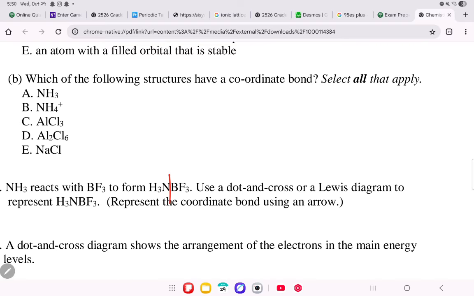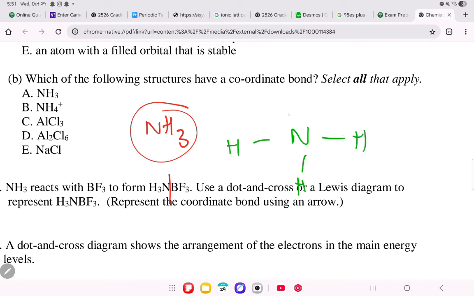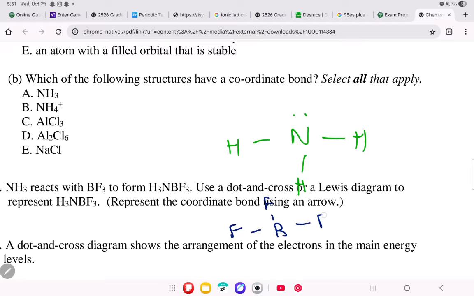If we did H3N, which is the same as NH3 by the way, do you remember how we used to draw NH3? It would be N, H, H, H, and then there is a lone pair. This is how we used to draw NH3. Now BF3, do you remember how we used to draw it? B, and then F, F, F, and then B is deficient in electrons because it's allowed to be deficient in electrons, okay?